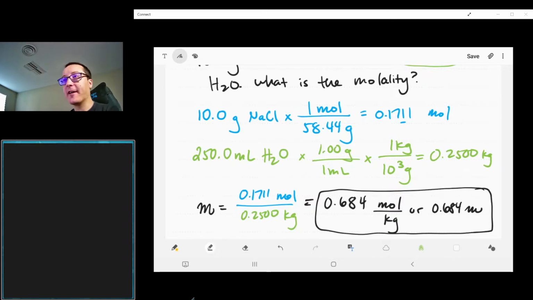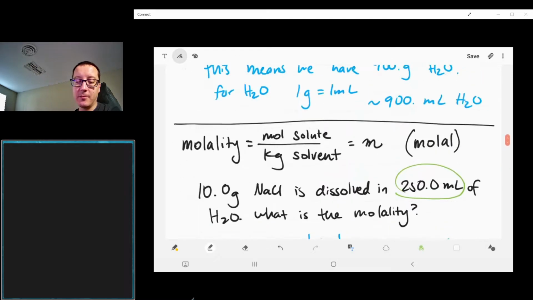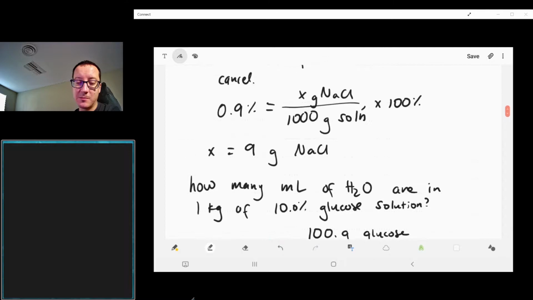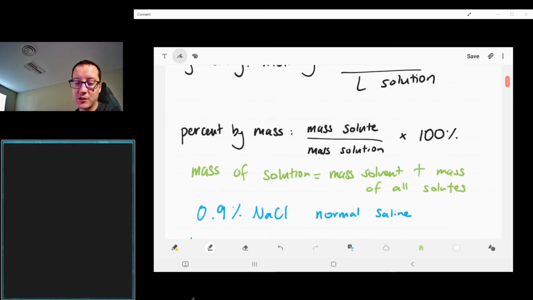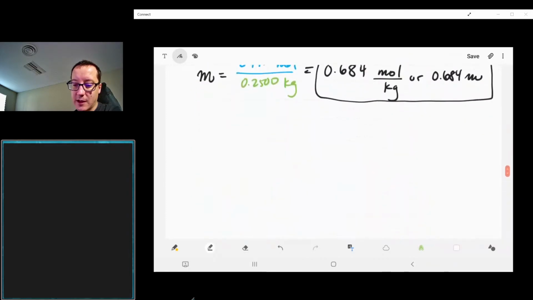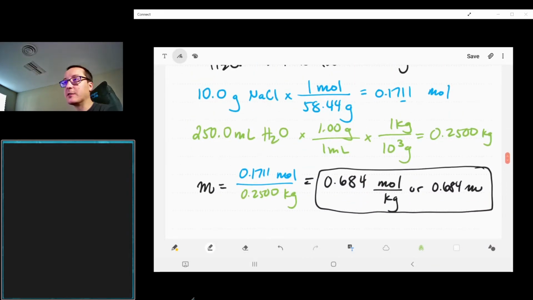So that is the last one that we're going to talk about in this course. There's a couple others that exist, like percent by volume. Instead of using the mass percent like we did here, where it was mass of solute over mass of solution, that one would be volume of solute over volume of solution. And so there are a lot of ways to do this sort of thing.